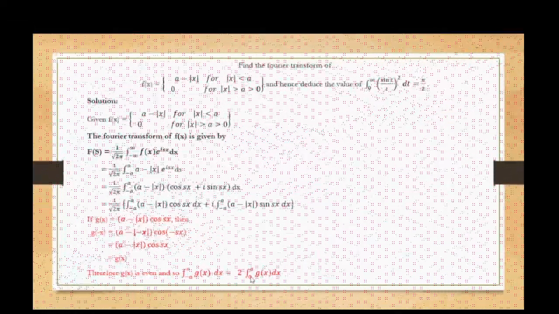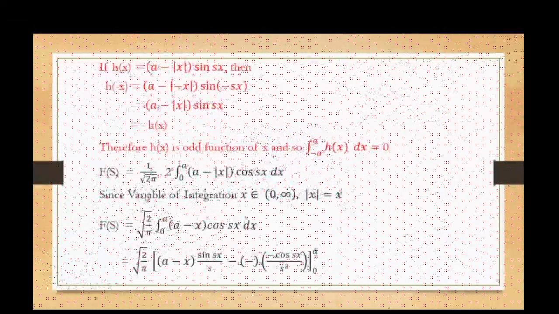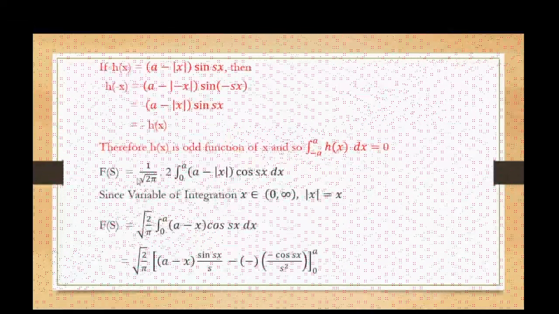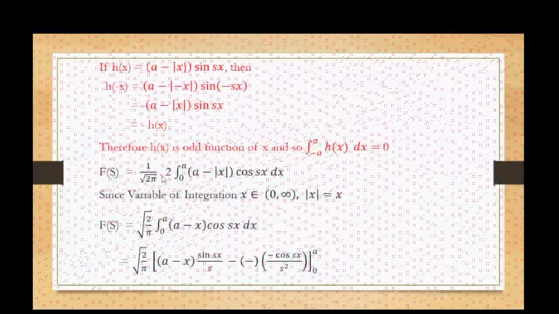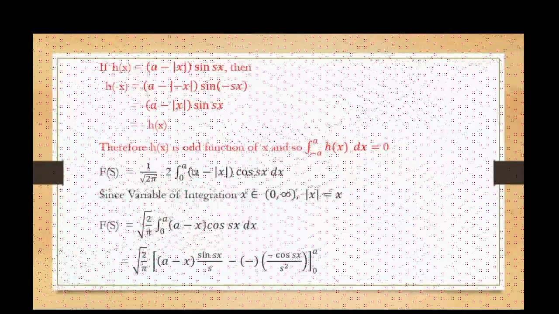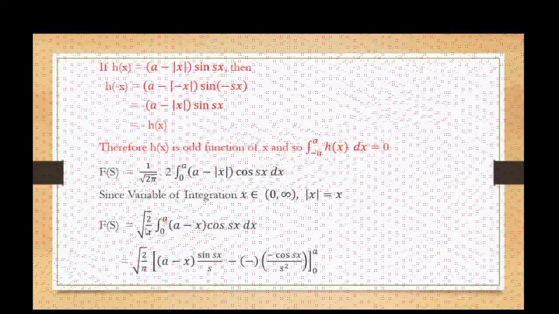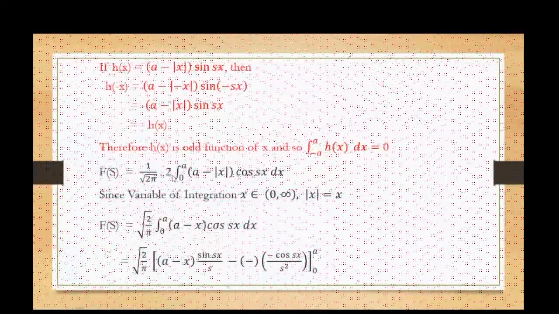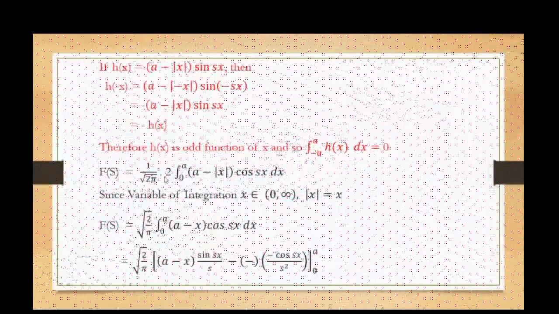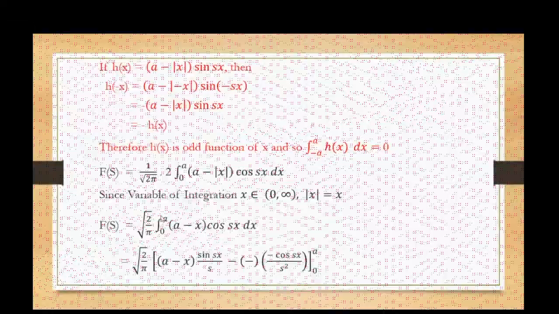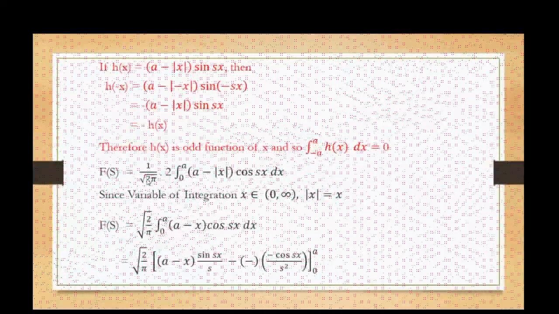So f of s is equal to 1 by root 2 pi into 2 times the integral from 0 to a of (a minus modulus x) into cos sx dx. Okay, so 2 is rewritten as root 2 into root 2, and one root 2 will cancel. You will get root 2.